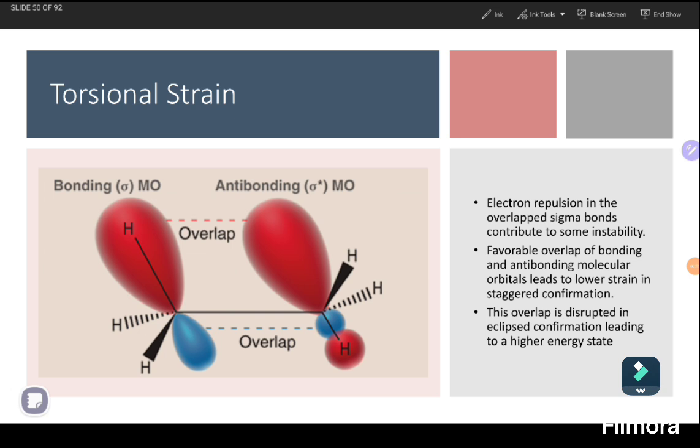They're so far away in these molecules that their electron orbitals would not really overlap. The most current accepted explanation says that the molecular orbitals formed in molecular orbital theory show favorable overlap in the staggered conformation that disappears in the eclipsed conformation. And this is the source of the extra energy needed to force ethane into an eclipsed conformation.